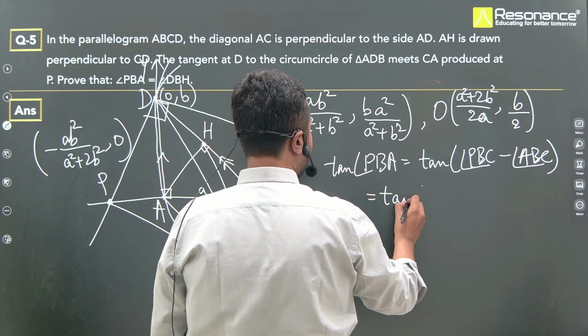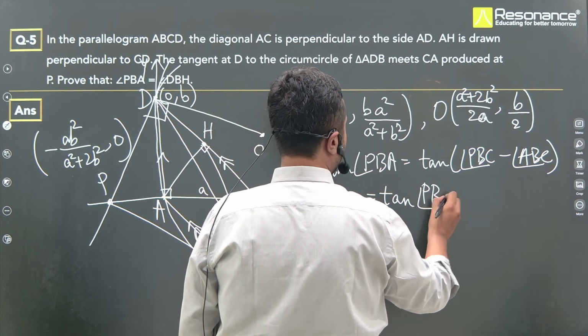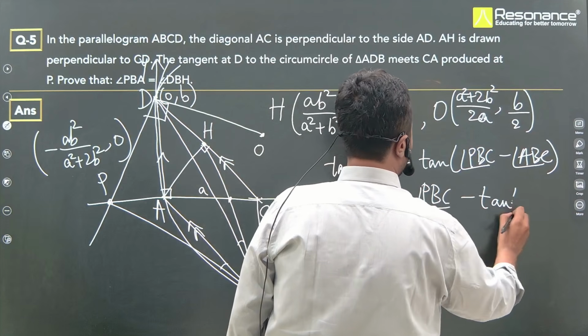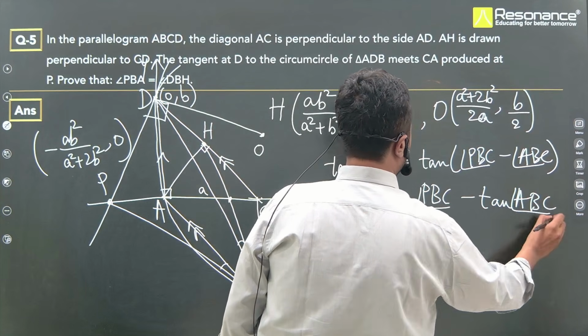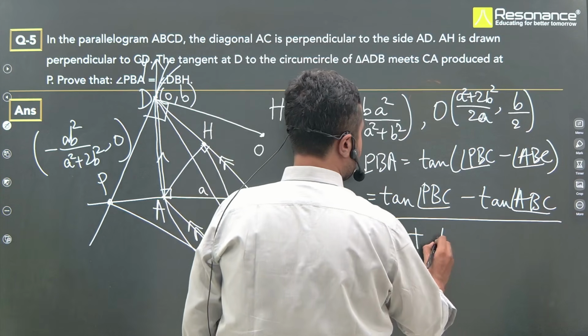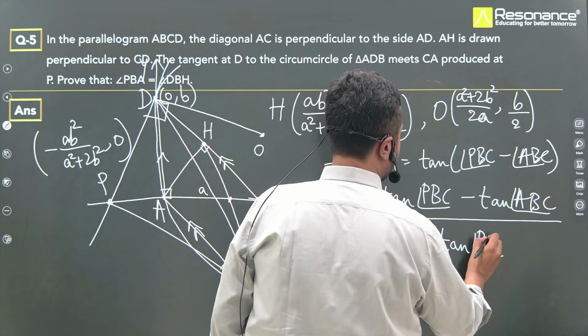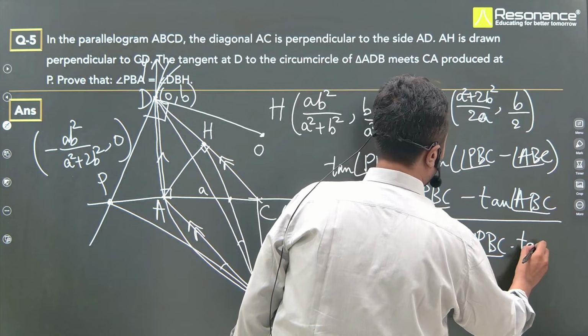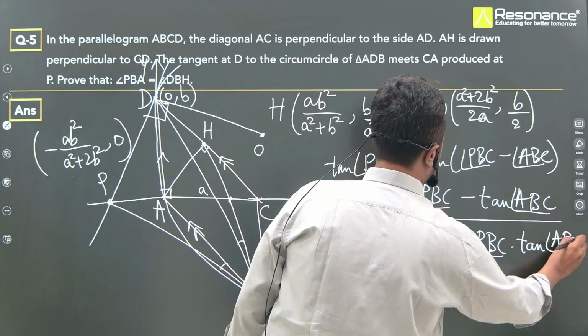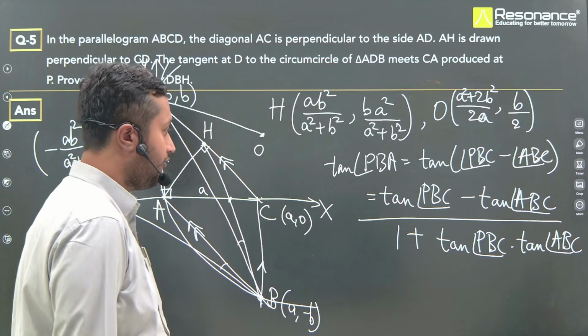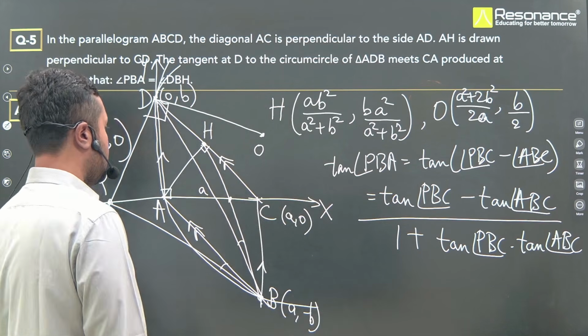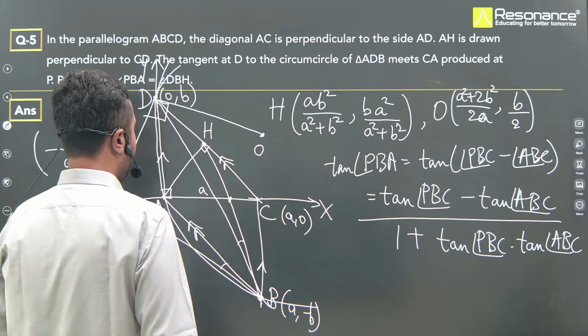You say it is tan of the first angle, PBC, minus tan ABC divided by 1 plus the product of these two tans. And we can actually start calculating all these values. So let's plug that in.